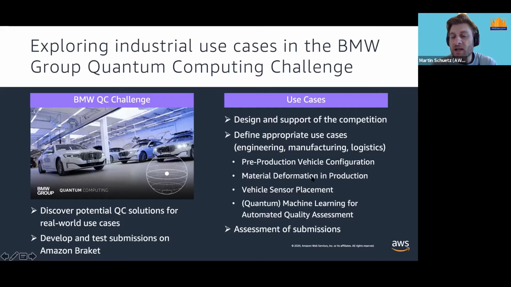Then material deformation. Ideally, you would like to minimize the number of crash tests because these are very costly, by running more performance simulations. And then a use case around quantum machine learning to improve quality assessment. So these are the kind of use cases that are explored right now by participants and are very relevant to BMW, and where we helped BMW to design and support this competition.